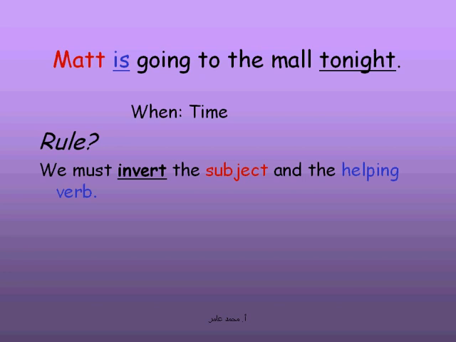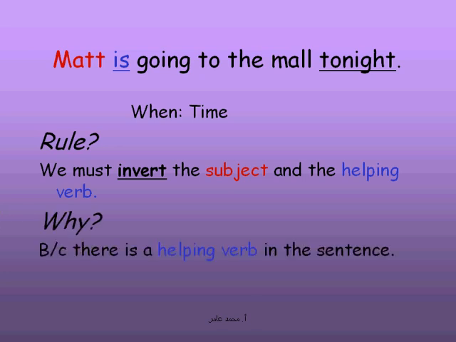Matt is going to the mall tonight. When? To ask about the time, because tonight is the time, so we use when. The rule: we must invert the subject and the helping verb. There is a helping verb in the sentence.